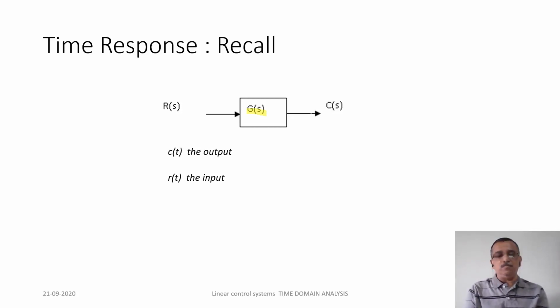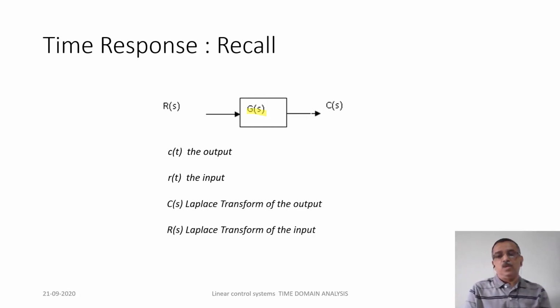You have a system, you give an input to it, you want to get the output from the system. One way is you can do it experimentally, another way is that you can do it mathematically. We know that you find the Laplace transform of the input, you will get R(s). Once you know R(s), you multiply it with G(s), you will get C(s).